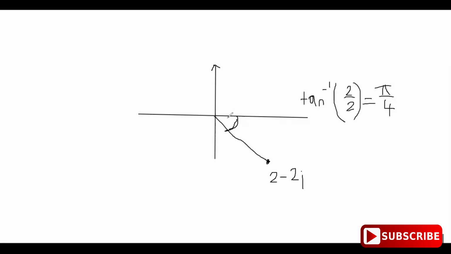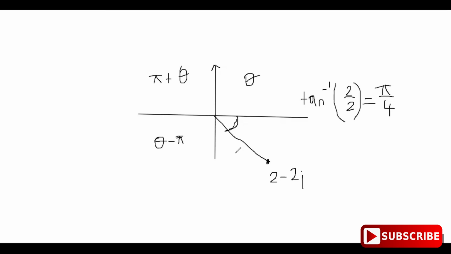Think about it. It's the angle it makes with the positive x-axis. So in the first quadrant, the argument that you get is just theta. In the second quadrant, it is pi minus theta. In the third quadrant, it is going to be theta minus pi, or pi minus theta, they're going to give you the same thing.